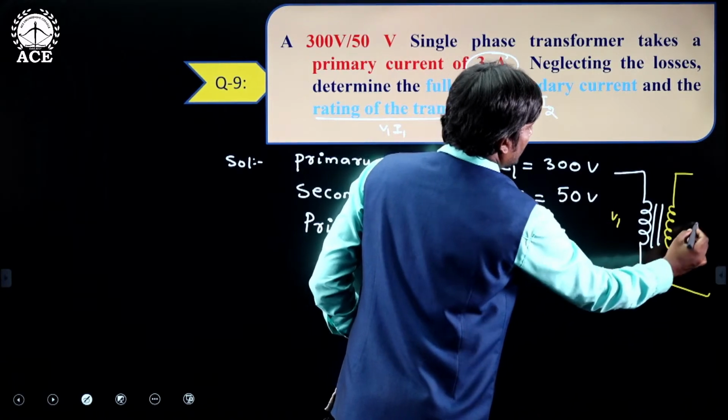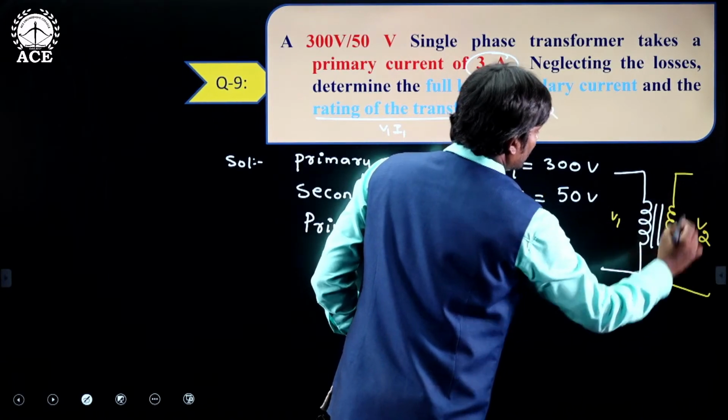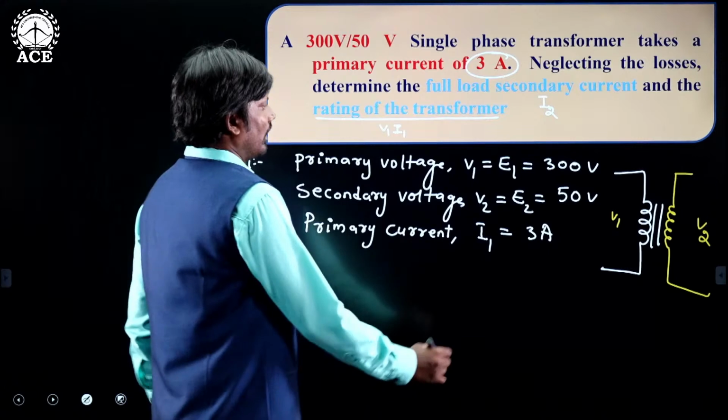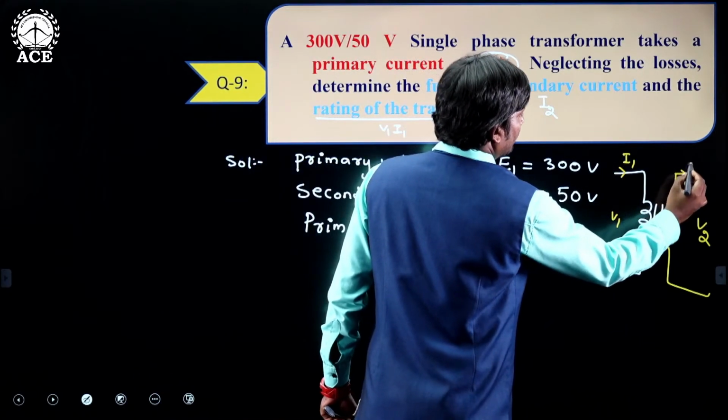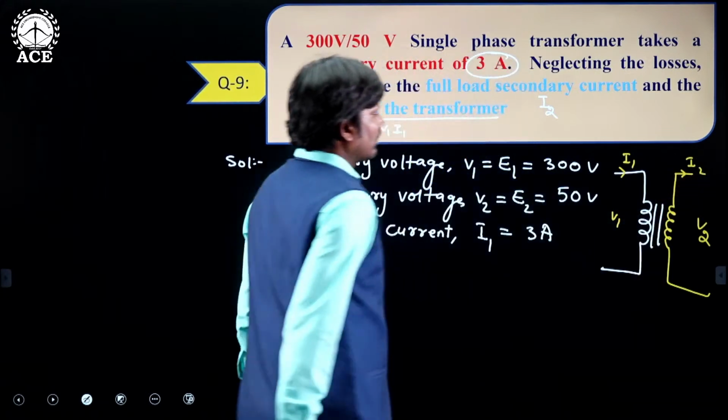This is V1, this is V2. Okay, and this is I1. This is I2.